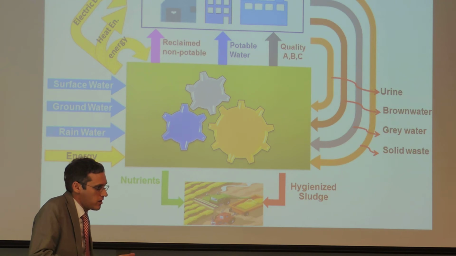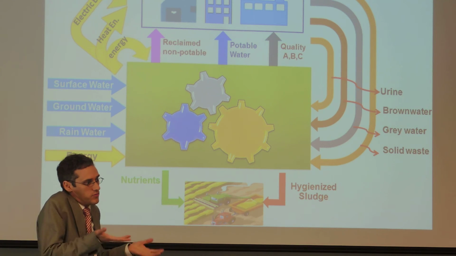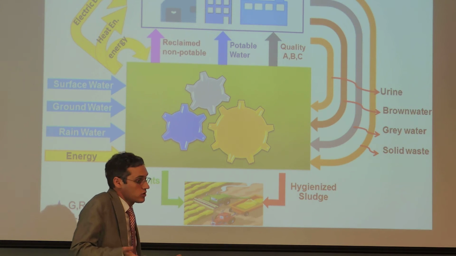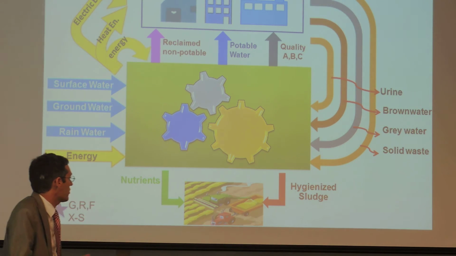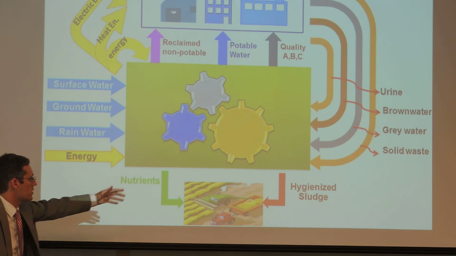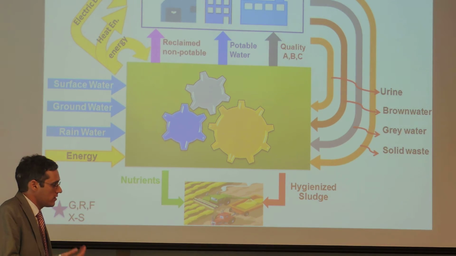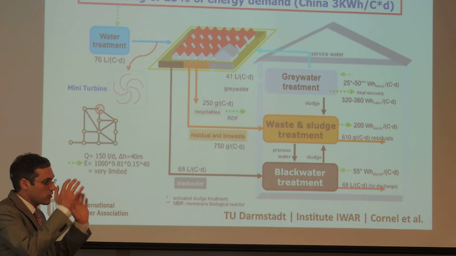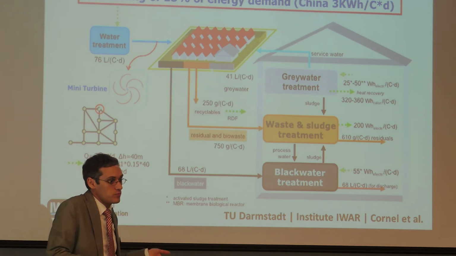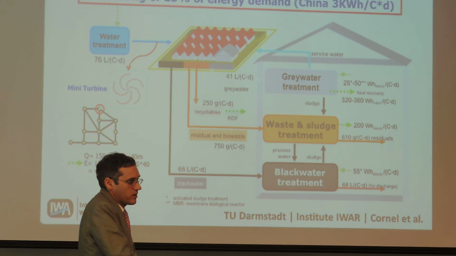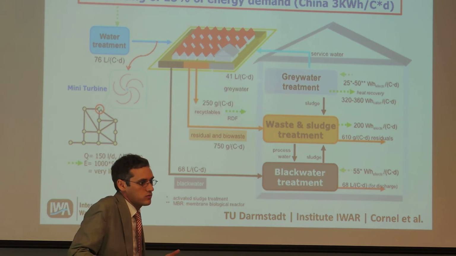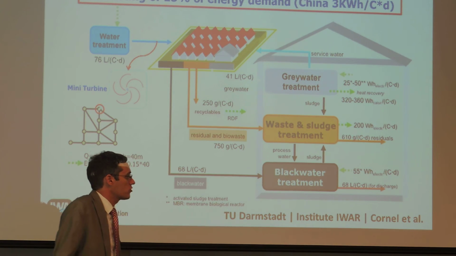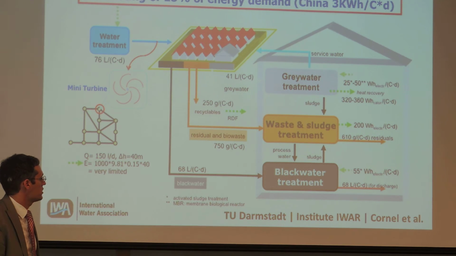It will recover biogas, it will recover heat, maybe even cooling energy, and also can recover nutrients out of the water. So maybe we end up with a machine which is basically an energy machine, but on the backside also produces water. This is what could be possible nowadays with the treatment technologies.